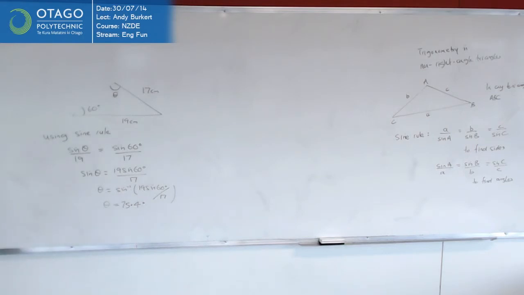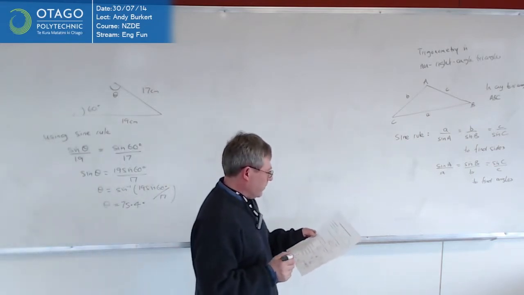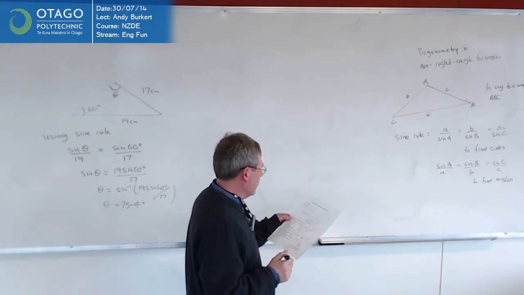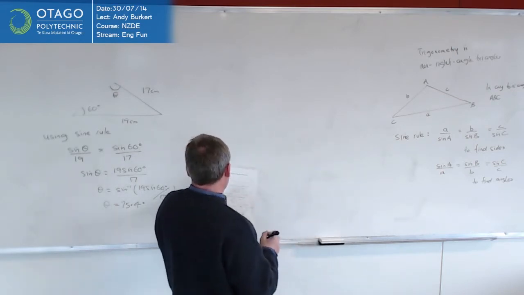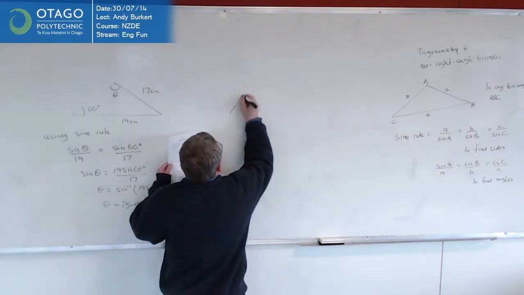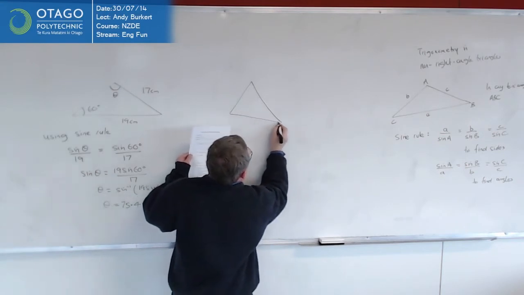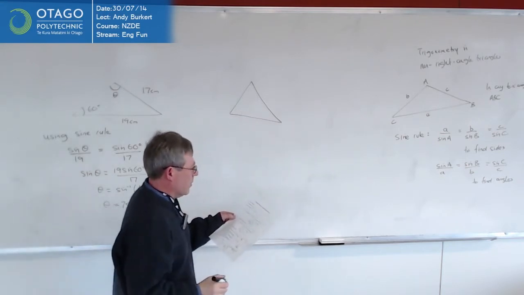Now, when you're trying to find an angle with the sine rule, we can just go through it like this. Okay? So let's just do another example. Again, my diagrams are not to scale, so it might look odd.